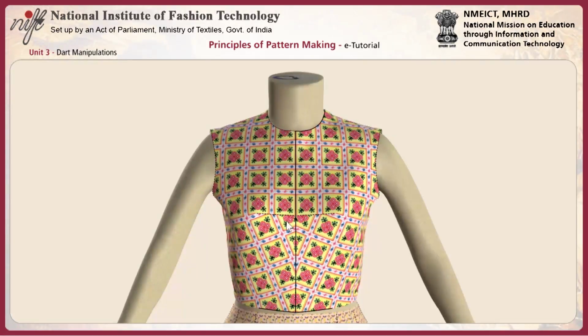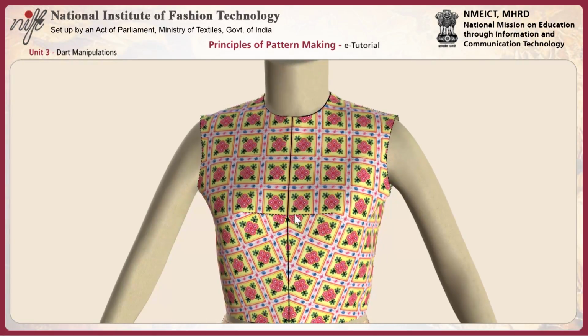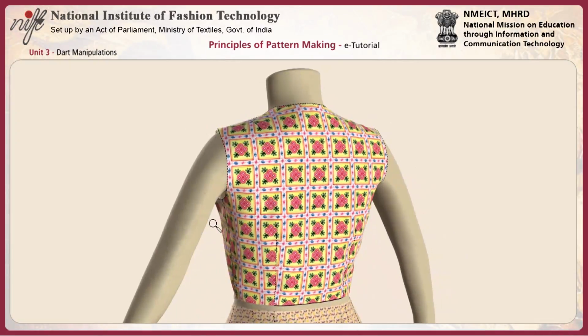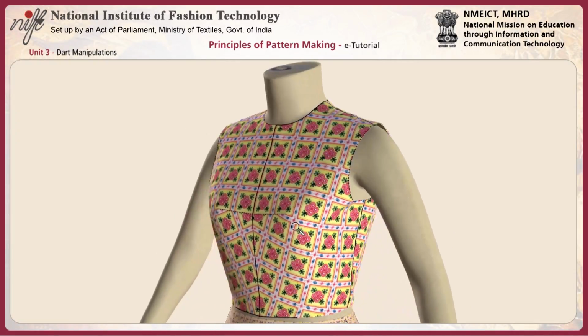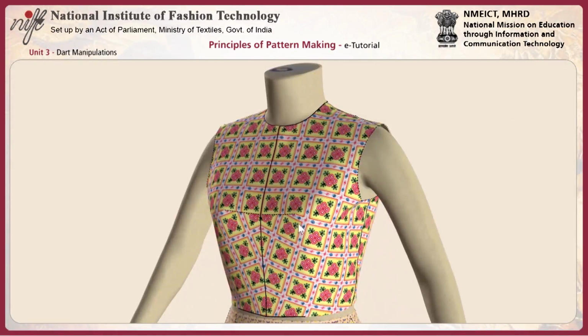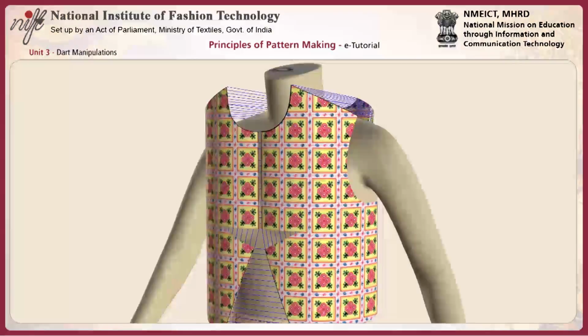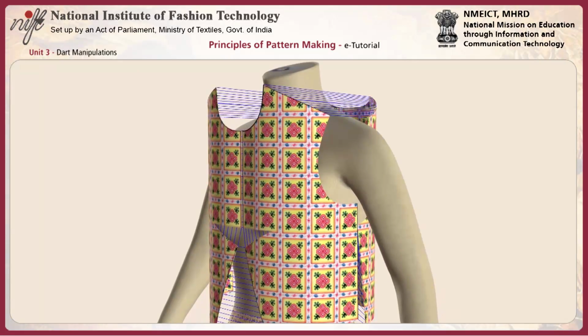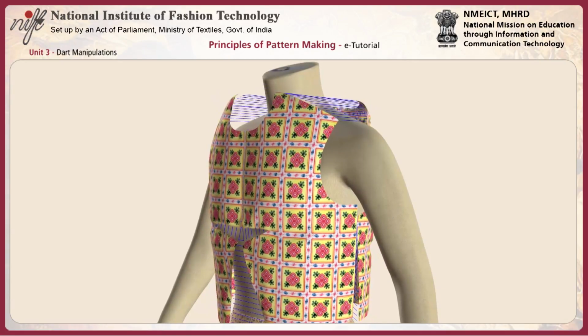In the given garment, the allocation of ease at every part of the garment is clearly visible. Here the same stitching is shown from the side view for better understanding.